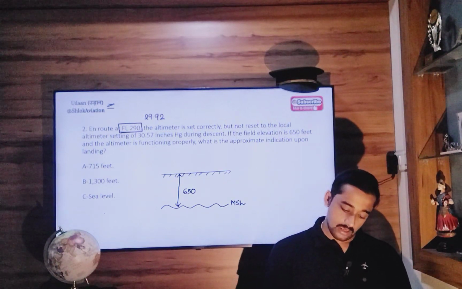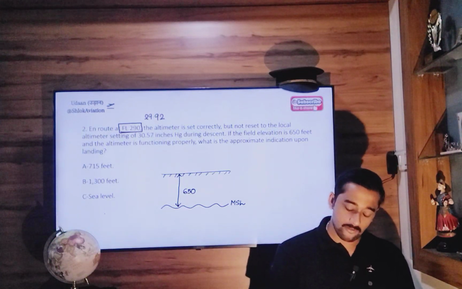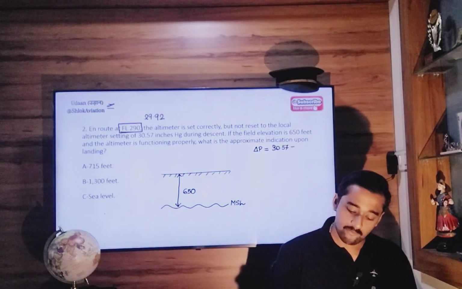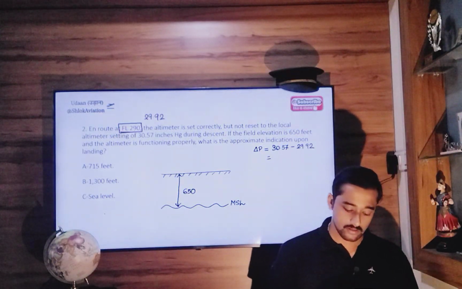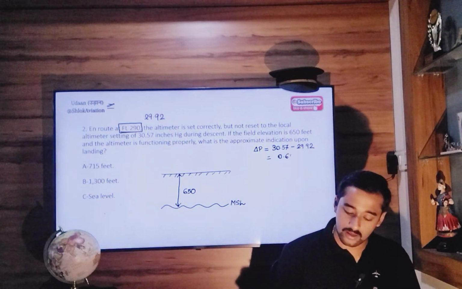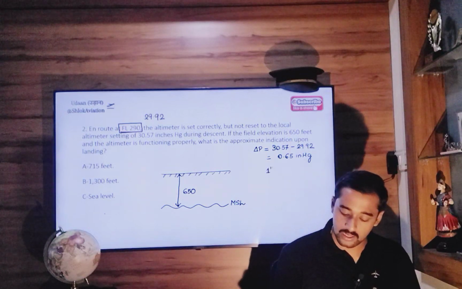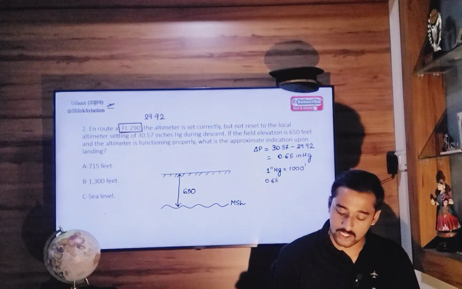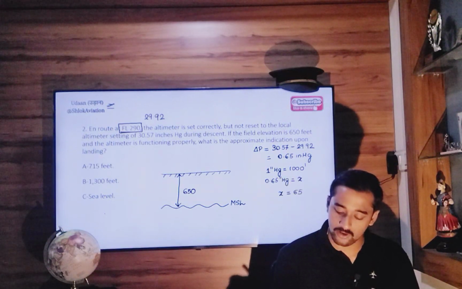And now the pressure difference between 30.57 inches mercury and 29.92 inches mercury is how much? It is 0.65 inches mercury. Now 1 inch of mercury is equal to 1000 feet. So 0.65 inches mercury will be equal to how many feet? Cross multiplication will give you 650 feet.